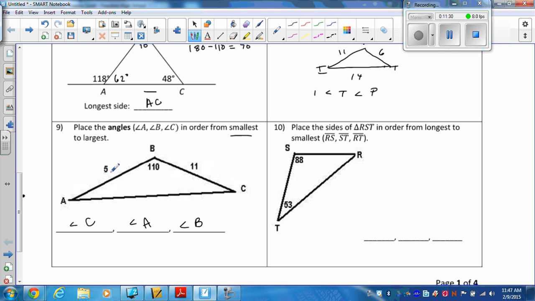And since I see the measure of this is smaller than the measure of this, then the one opposite that side has to be the smallest.